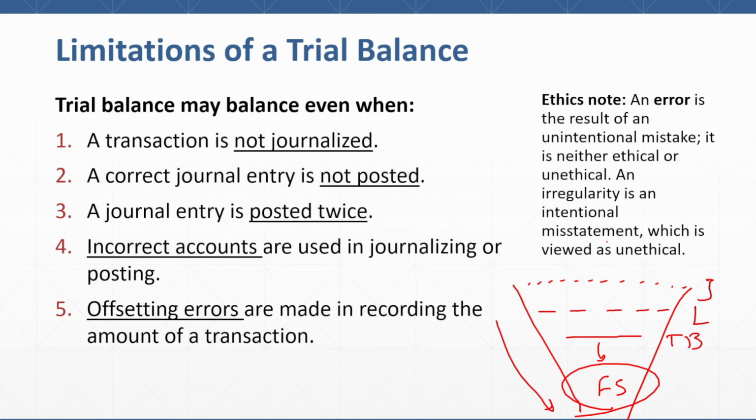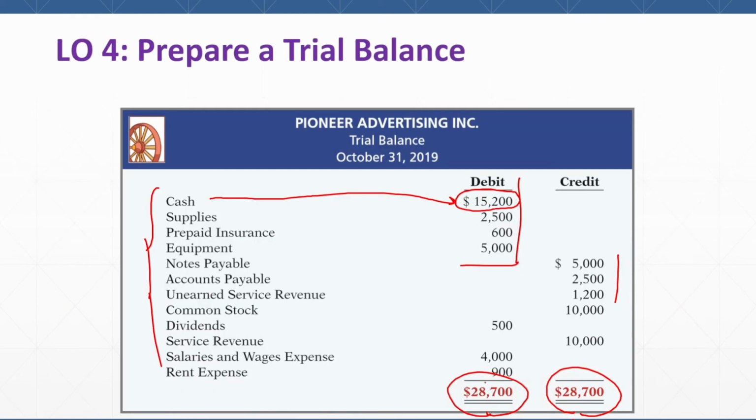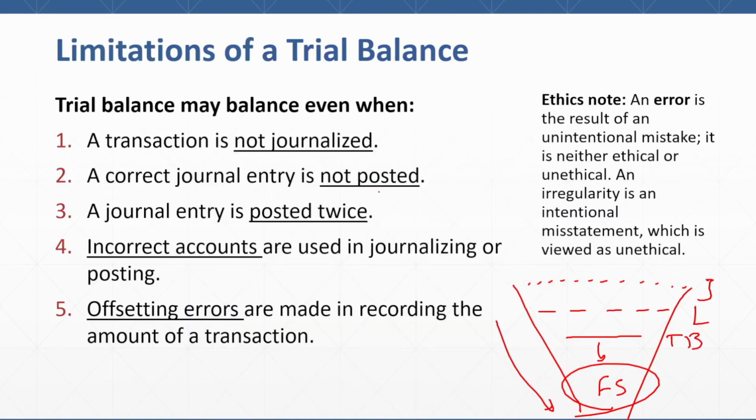We may see a balance in our trial balance. Let me go to the previous slide. Here, for example, the total of the left and the total of the right are the same, but it doesn't necessarily mean that our job was right. We have not necessarily done everything correctly. We may have made some mistakes, but our trial balance isn't showing it. For example, we may have missed a transaction.